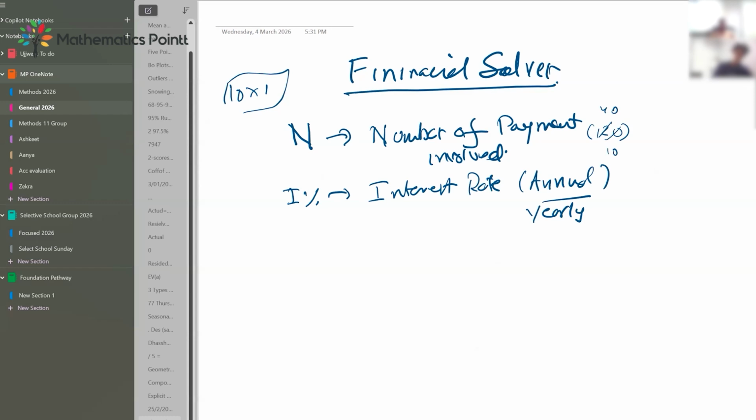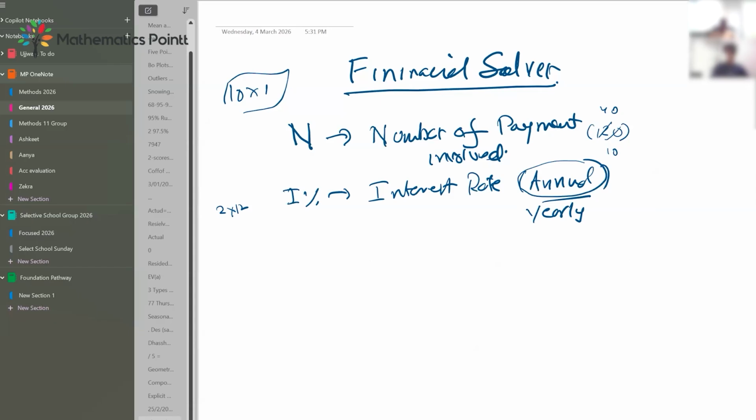So if in a question you are given, let's say, 2% per month, then I will be 2 times 12, 24%. It always talks about the annual. The words per annum actually tell you per year, right? So I is always the interest rate per year.